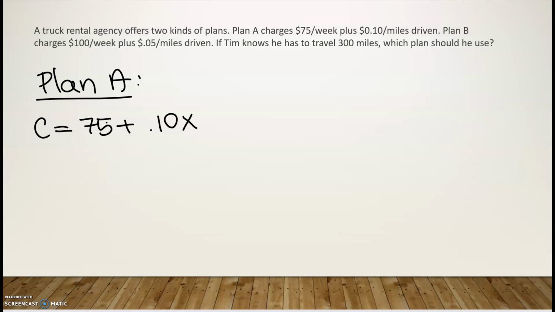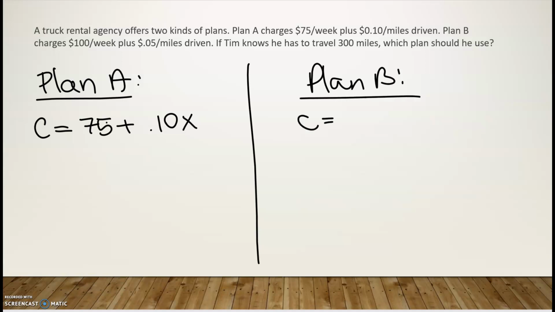So we're going to say miles are our x value. And then Plan B, cost would be $100 per week plus 5 cents per mile. And we know that we have to go 300 miles.